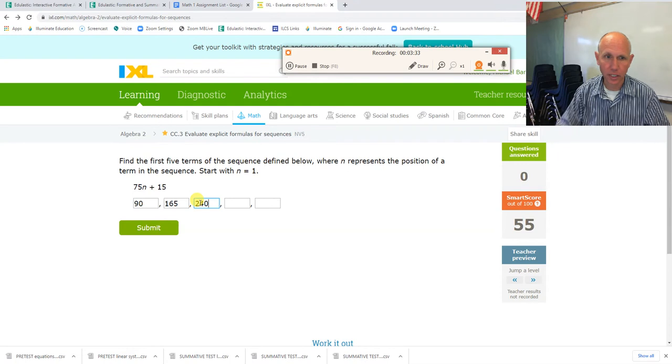And I really should check these with the calculator. So 75 times 3 plus 15, 240. 75 times 4 plus 15 is 315. And 75 times 5 is 375 plus 15 is 390.